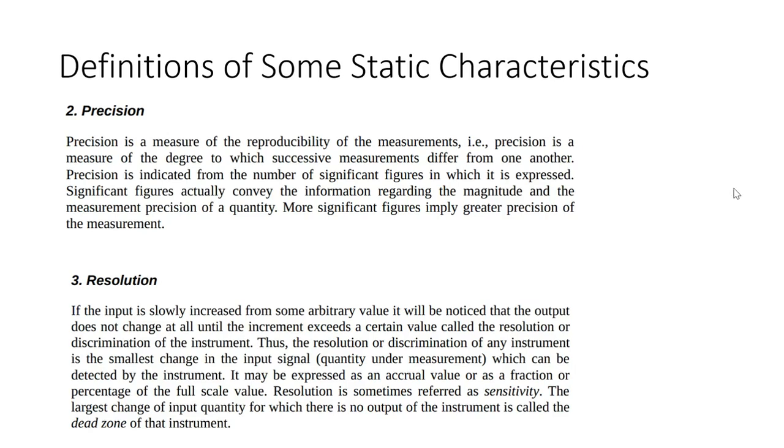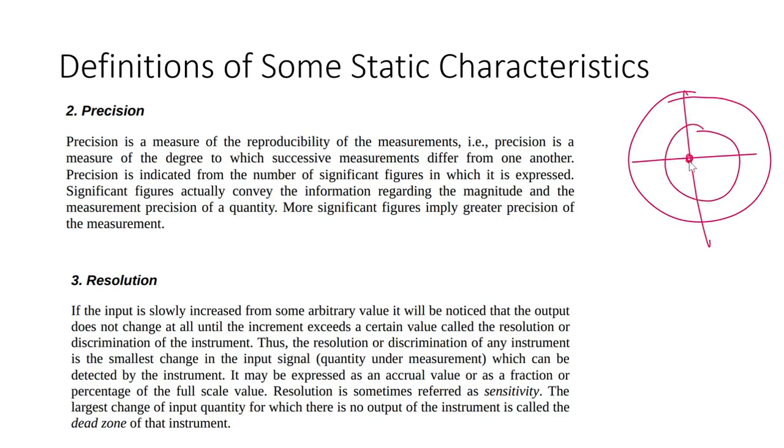If we have, let's say, an example of darts, and we want to hit this bull's eye. If someone hits this point, what will we say? That it is more accurate.